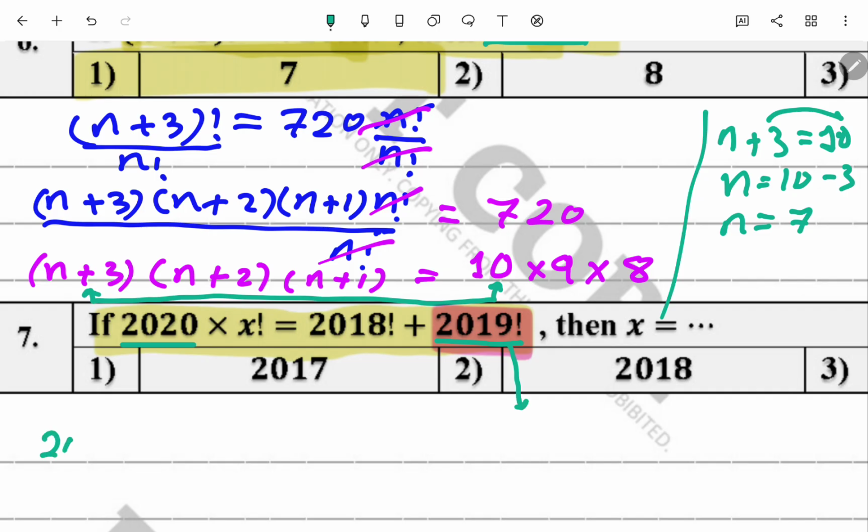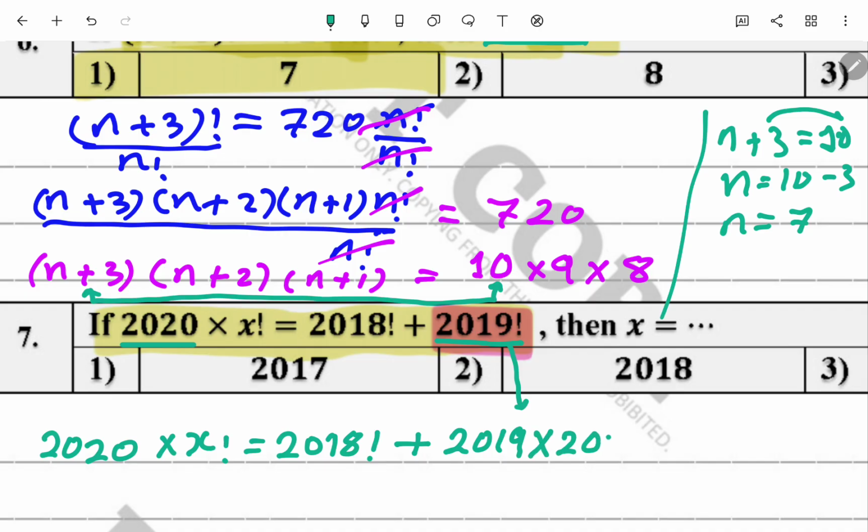I will keep 2019 times x factorial to the left, and the 2018 factorial plus. Here you have to expand it by writing the biggest factor first, then reduce it by 1 to get 2018 and keep its factorial with it. You can notice that here and there are common.